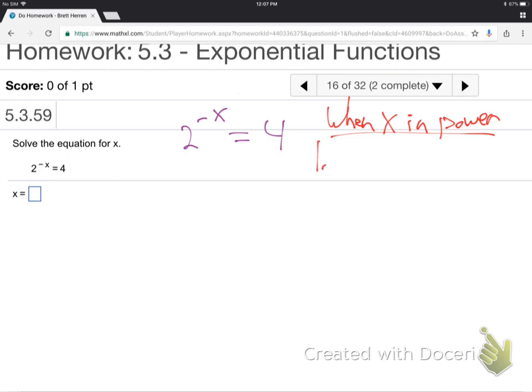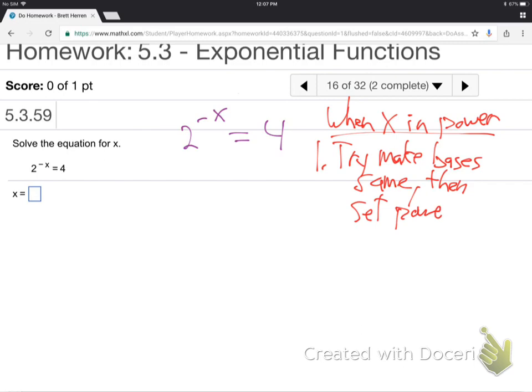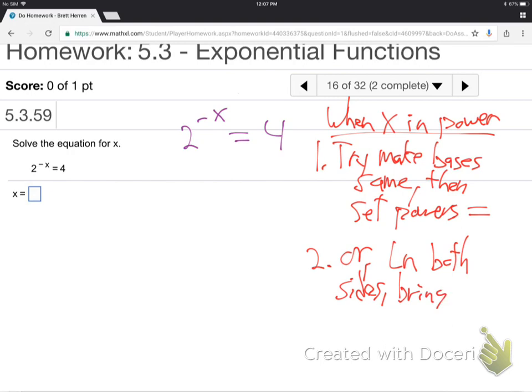So when x is in power, first, try to make the bases the same, then set powers equal. That's step number one: try to make the bases the same. If you cannot, then take ln of both sides and bring powers down to the front.